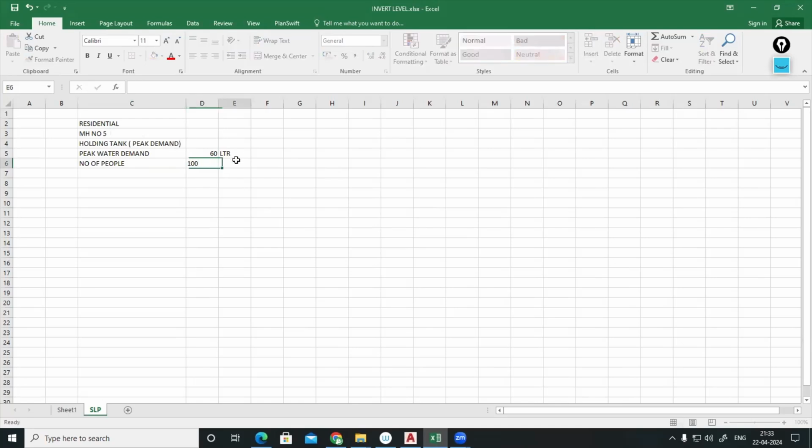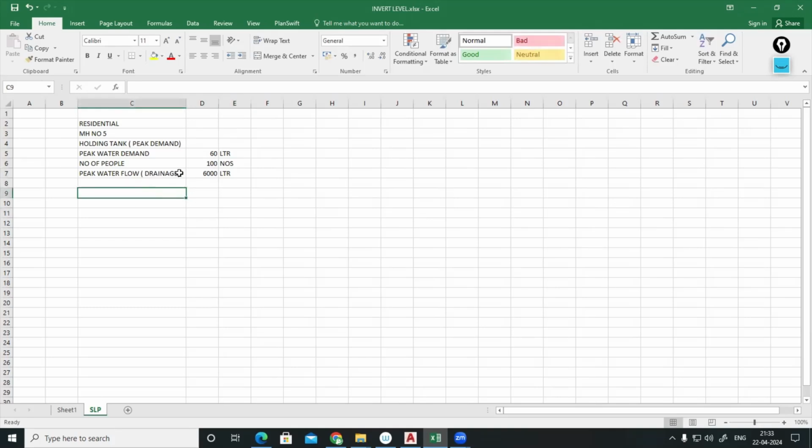So, for example, the peak water flow as drainage. But if you have an STP, it is not like that. Since we do not have an STP, that's why I'm doing it like this. So peak water demand will be 60 multiplied by 100. This will be coming to the tank within 60 minutes.